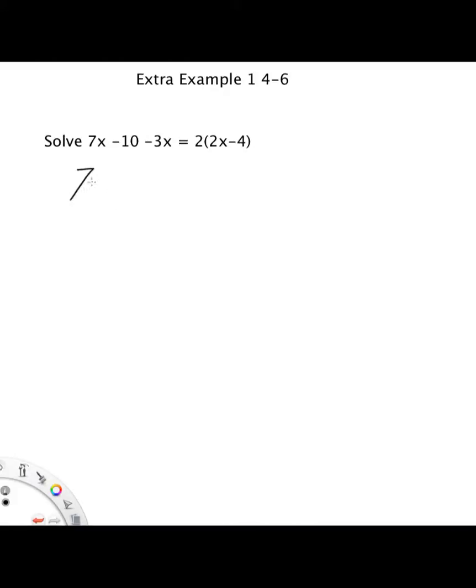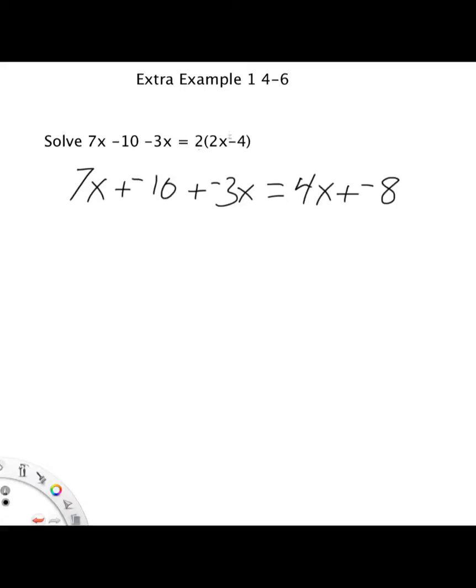So my first job is to turn this into an addition problem by using the algebraic definition of subtraction, because that allows me to move things around without worrying about how things might go together, and I might as well do this expansion. So that'll be 4x, 2 times 2x is 4x, 2 times minus 4 would be plus a negative 8.